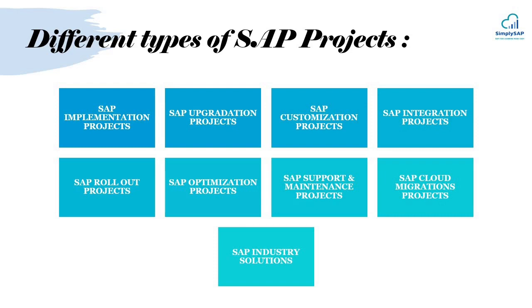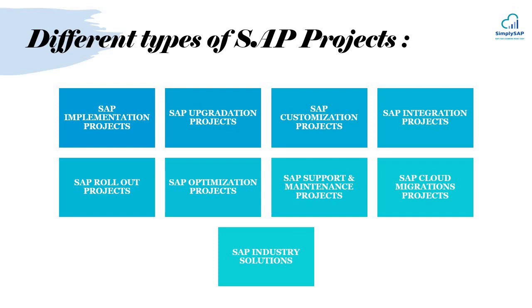Let us first start with our SAP implementation project. What is it? This type of project involves the initial installation and configuration of SAP software to replace or integrate with existing systems. It includes activities such as system setup, data migration, process mapping, and training.